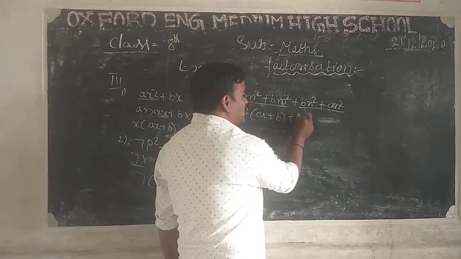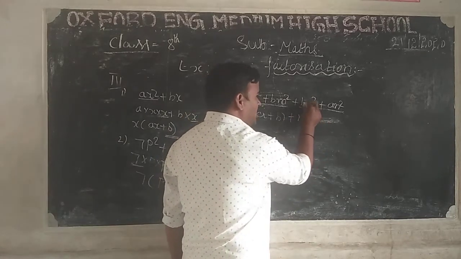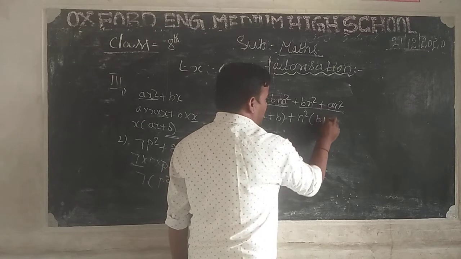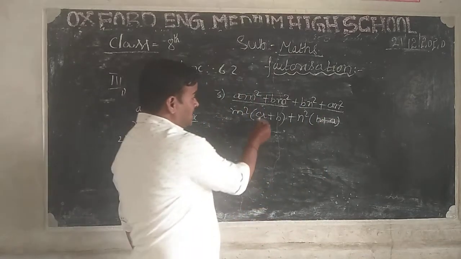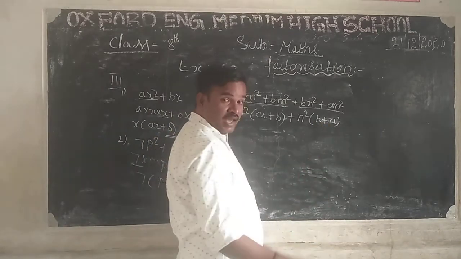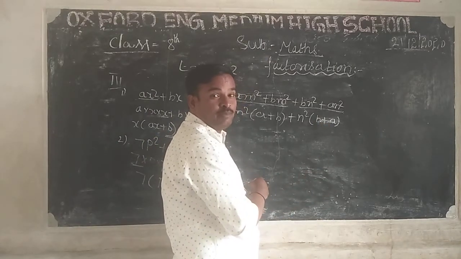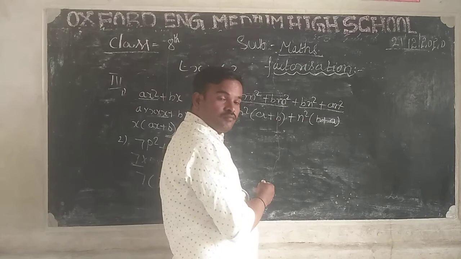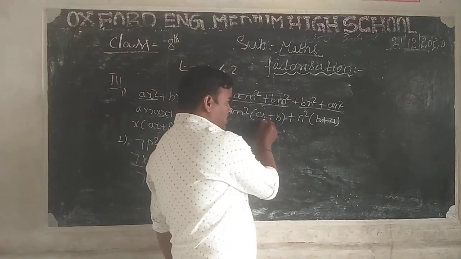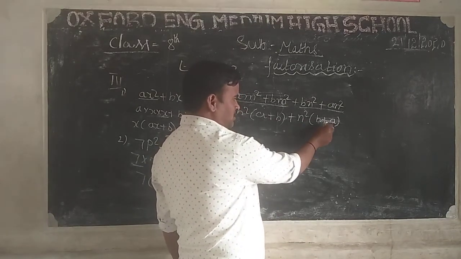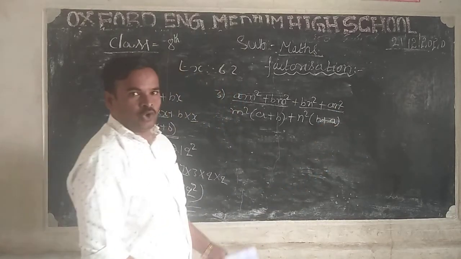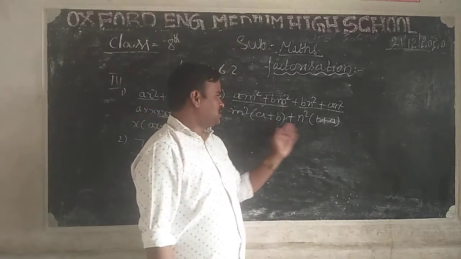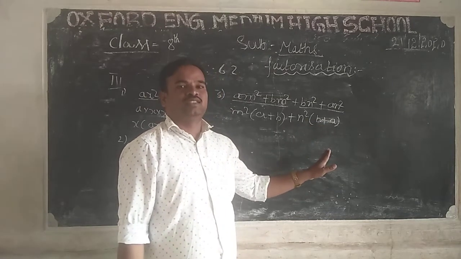The n square is taken outside. Then what remains? b plus a or a plus b, right? So here also you have a plus b, here also you have a plus b. Don't bother about it. Here a plus b, here b plus a, but both are the same.